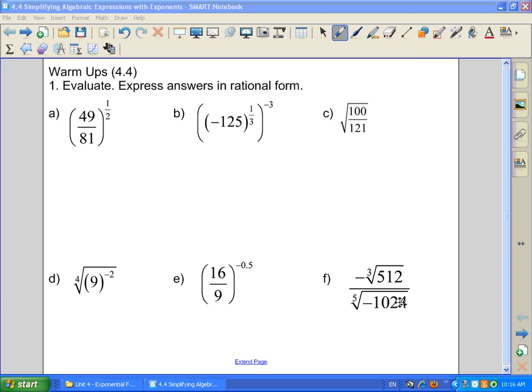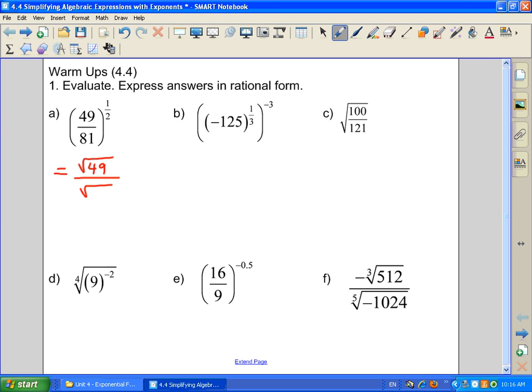Just remember, folks, that is the square root. If you simplify that through, the exponent applies both to the numerator and the denominator. So it's going to be the square root of 49 divided by the square root of 81, which equals 7/9.